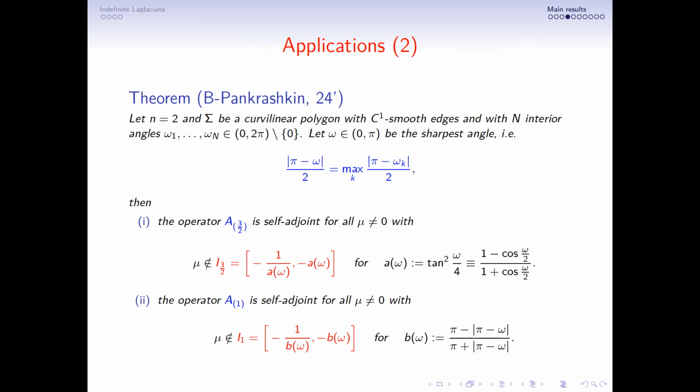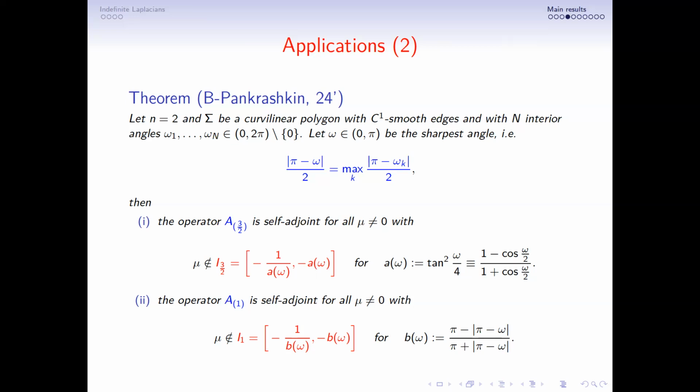So obviously, we have this kind of inclusion. A 3/2 is included in A1. So what we say here is that, let's say this is A1. Then A 3/2 is something bigger.